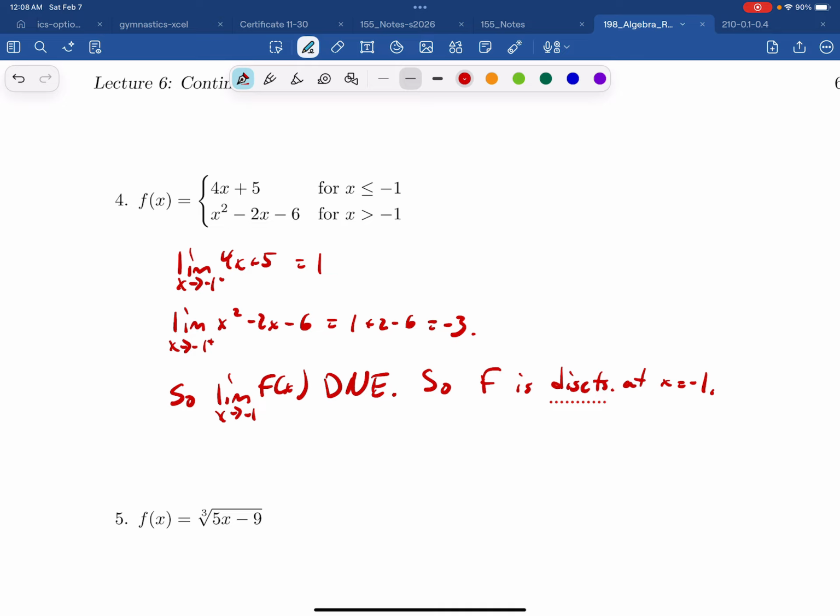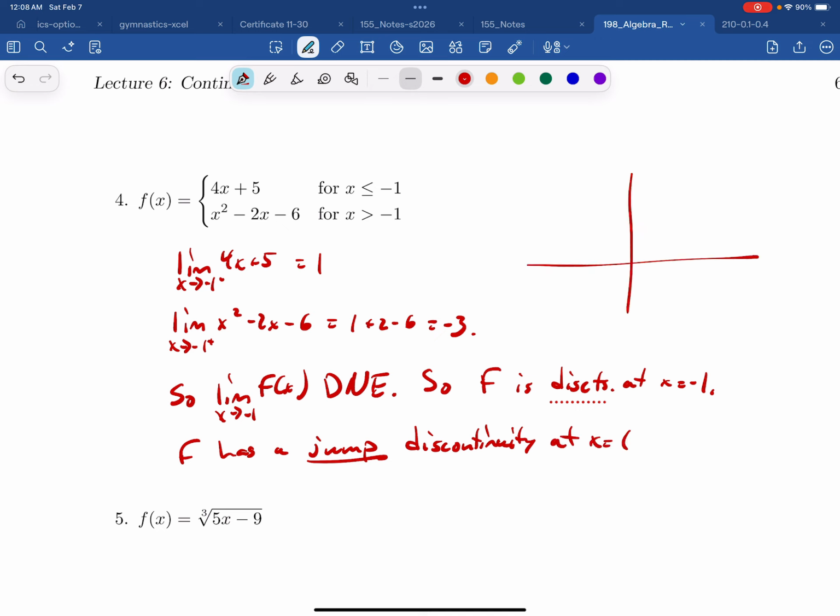And in fact, we say f has a jump discontinuity at x equals negative 1. And what that means is that if we were to graph f of x, we're looking at negative 1. Actually, I shouldn't even do it. We don't have an asymptote or anything like that. But what we do have is 4x plus 5. So it's a graph that looks something like this.